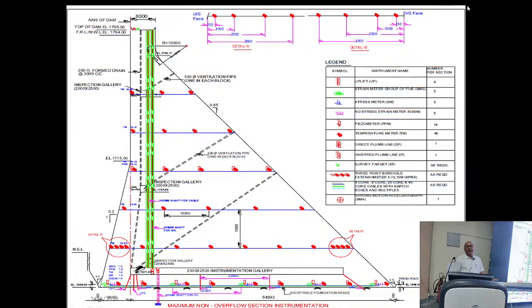You have to put instruments for the section. Imagine if the length is 200, then you have to use meters.